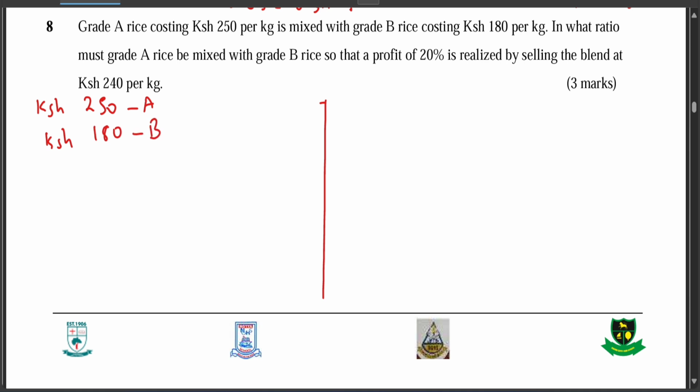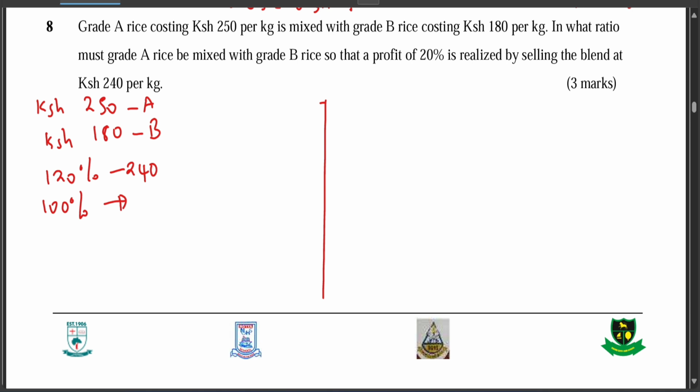So you don't know the ratio in which it was mixed. But what we know is that he made a profit of 20%. So 120% is equivalent to that 240 shillings. So you find the cost price, because in original form you use the cost price to mix those, and it gave you the cost per kg.